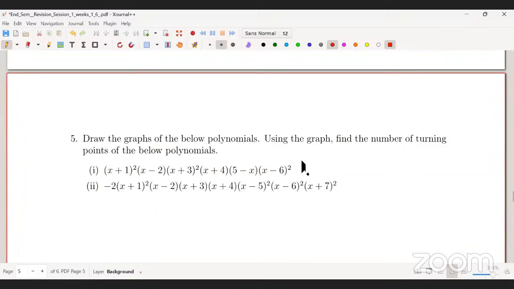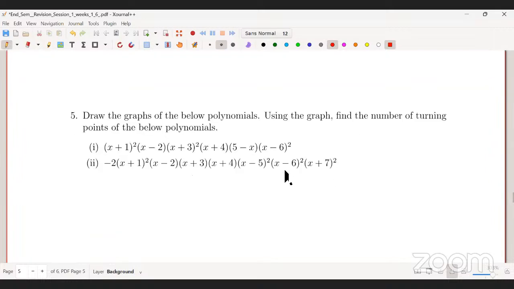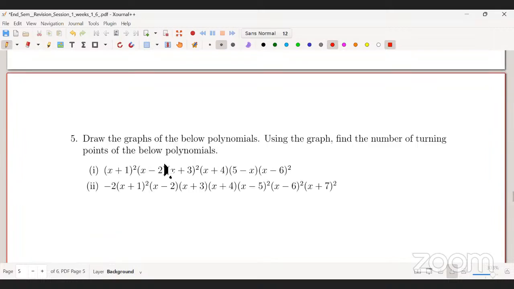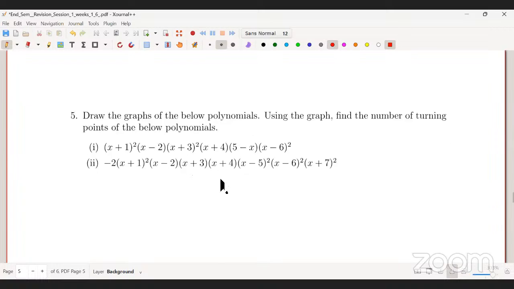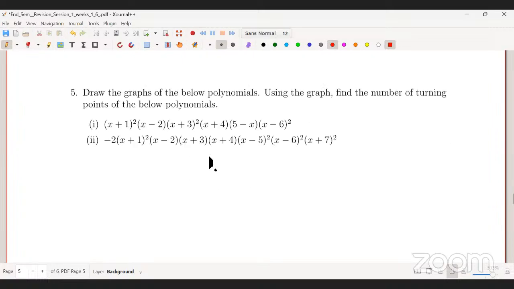So next, let's move to these questions. You have these two polynomials. By drawing these two polynomials, you need to find the number of turning points.